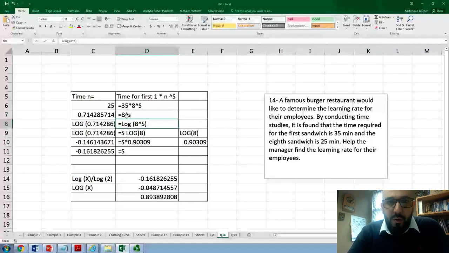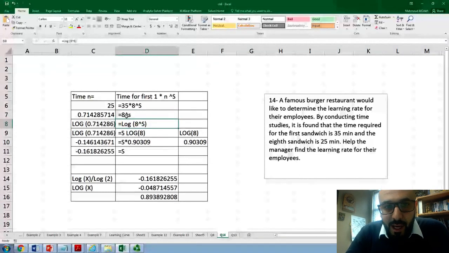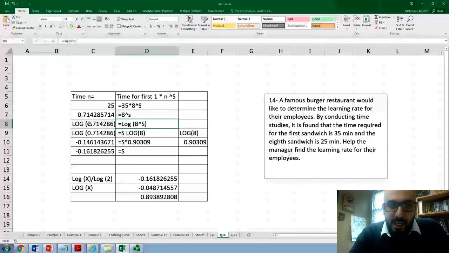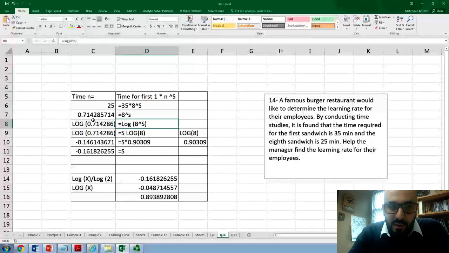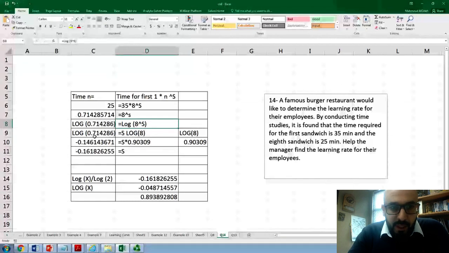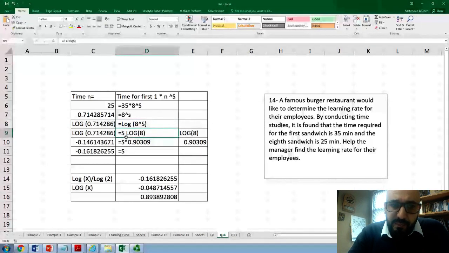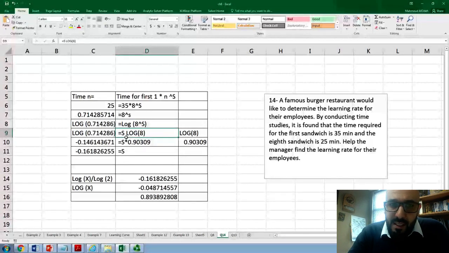In order to get rid of the s, the impact of the power, we take the natural log on both sides. So the natural log of 0.714 and the natural log of 8 to the power of s. That moves the power s up front, so it would be equal to s log 8.